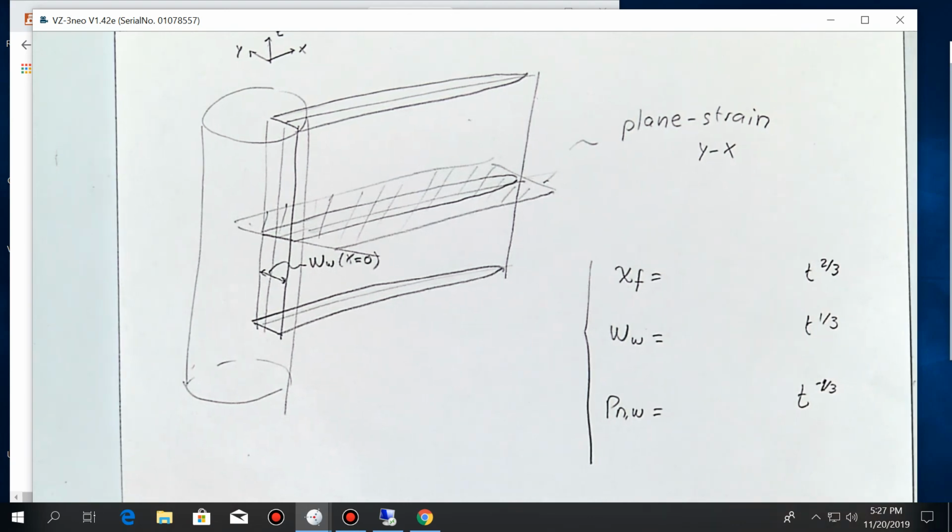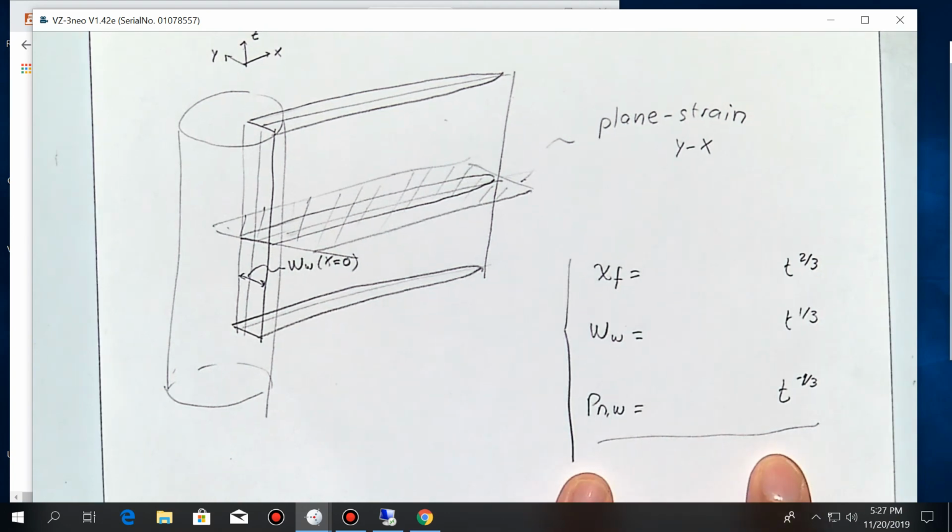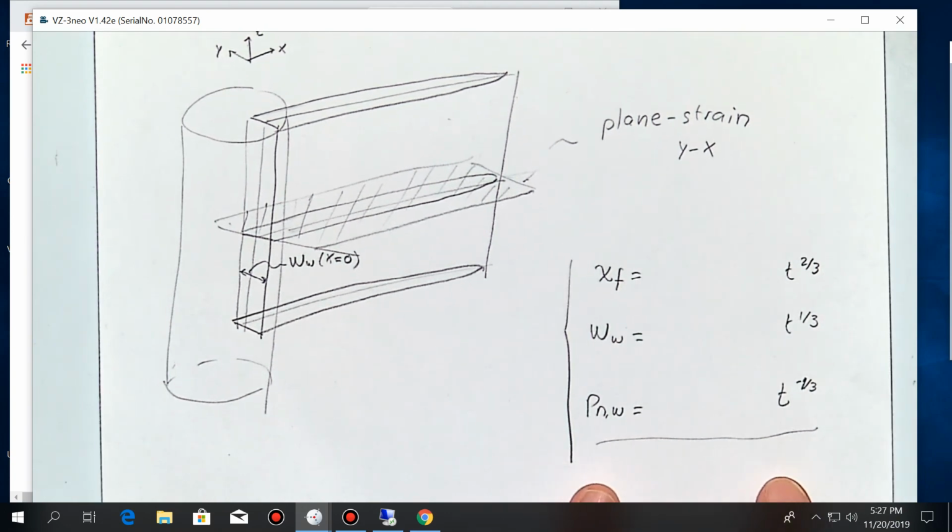Something that I'd like to highlight here is that for this particular model, you predict that net pressure decreases as a function of time, which does not make a lot of sense, or it's not what we observe in the field.